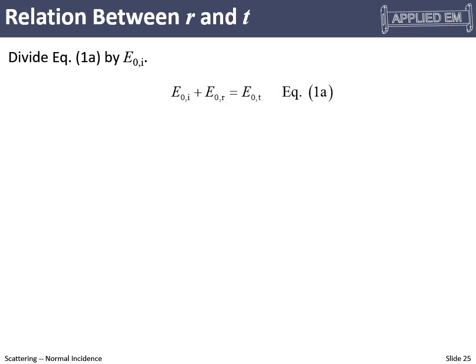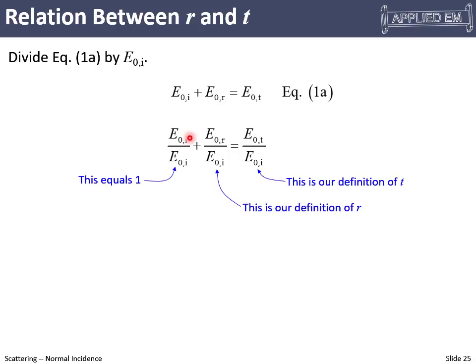Now we would like to derive a relationship between the two. So we start off again with our expression that we got from the boundary conditions of the electric fields, and we divide everything by the amplitude of the incident wave. Once we do that, we notice that this term is 1.